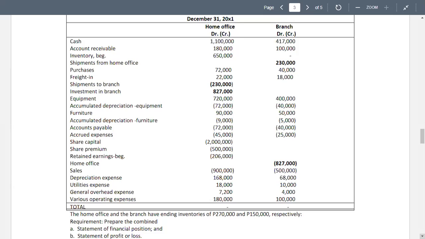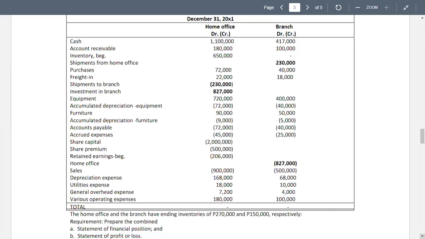So elimination entry letter B, debit shipments to branch, since it's a credit there, we have to debit shipments to branch, 230,000, and credit shipments from home office. So those are your elimination entries.